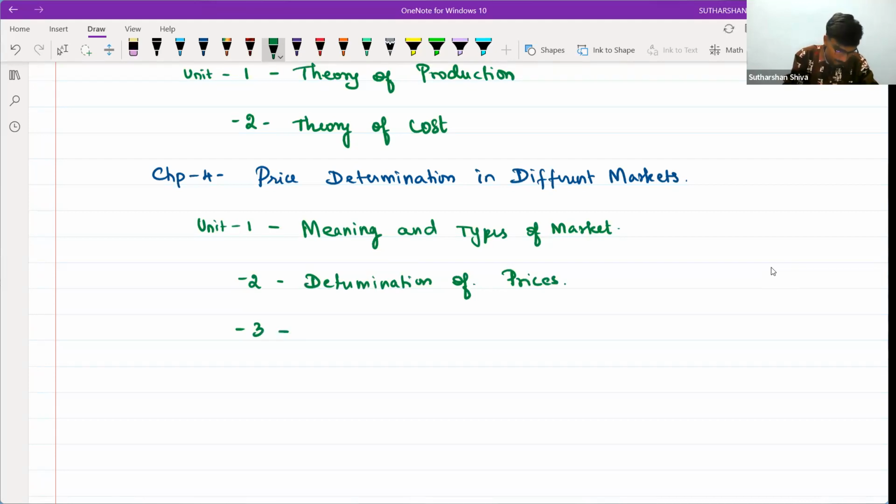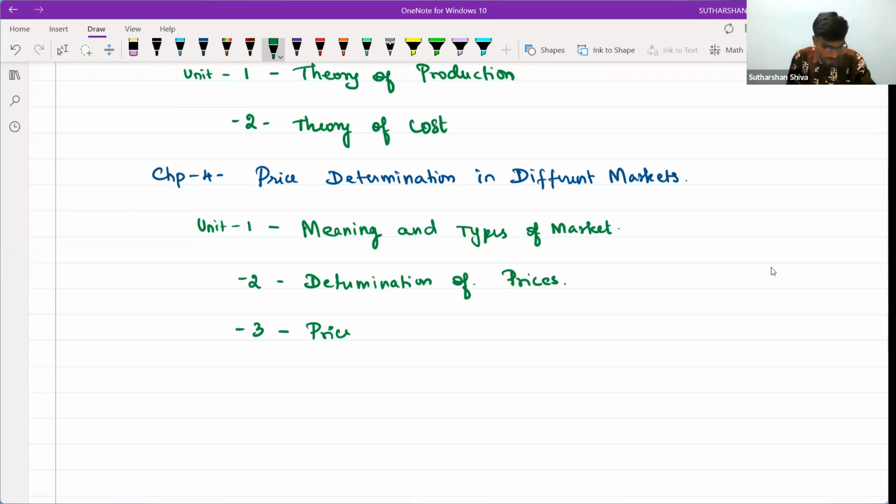Unit number 3 is about price and output under oligopoly market, monopolistic market, pure competition, and bipolar market.